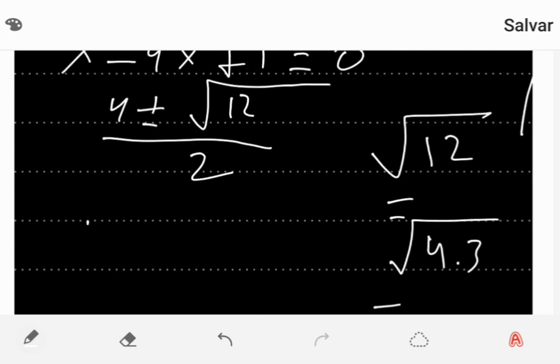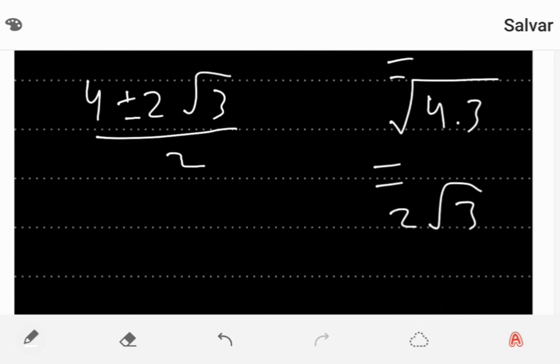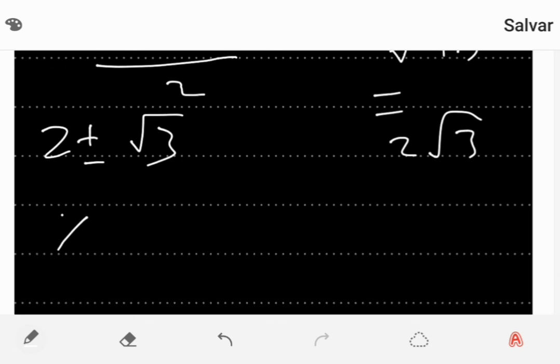So 4 plus or minus 2 square root of 3 divided by 2. So we'll have 2 plus or minus square root of 3. Okay, so this will be our x minimum: x minimum is equal to 2 plus or minus square root of 3.